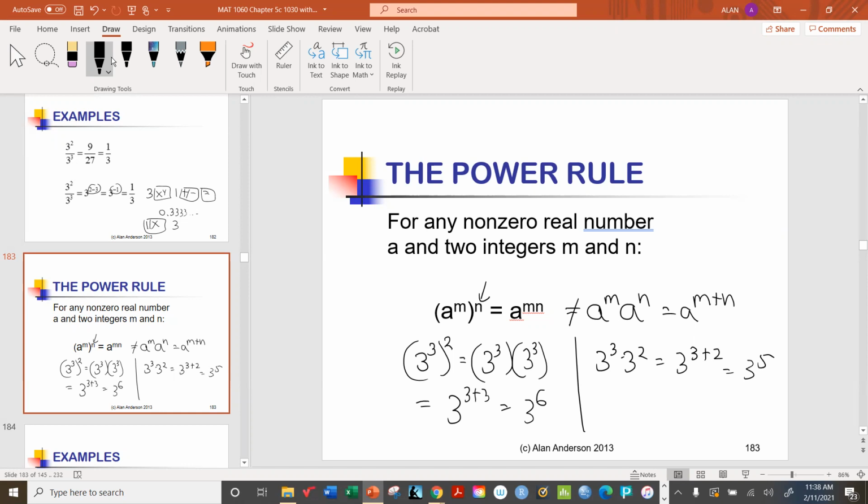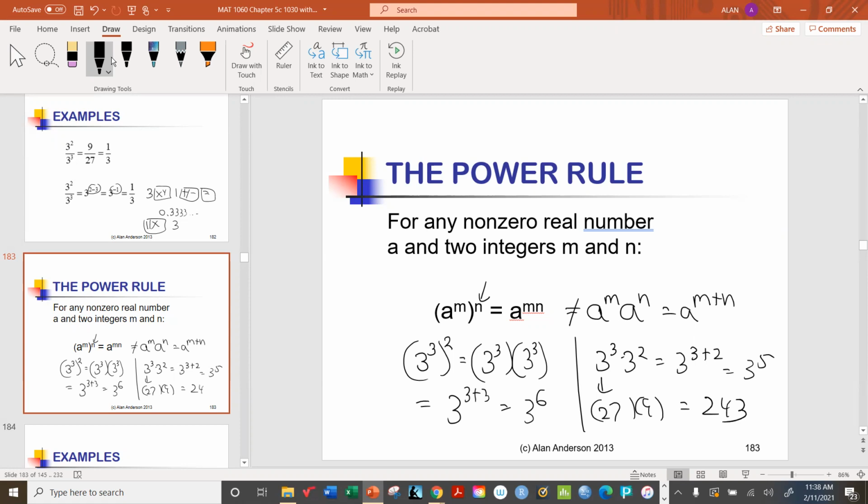And if you're not sure, you can prove it by recognizing that this is 27, this is 9, and the product of 27 and 9 is 243, which is also 3 to the 5th.